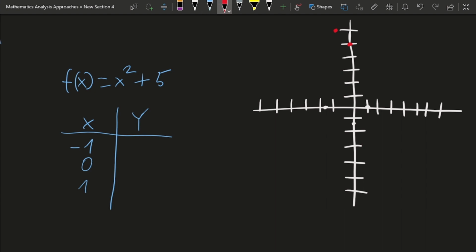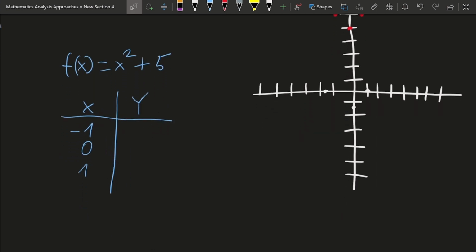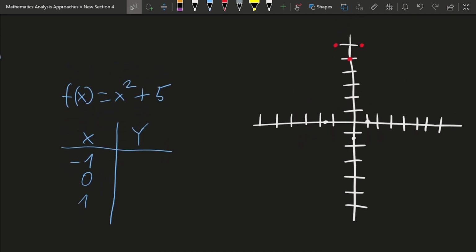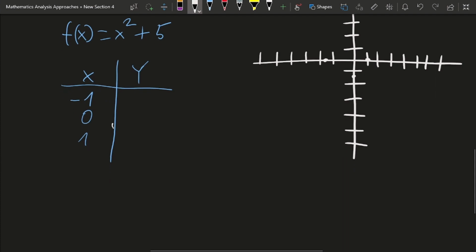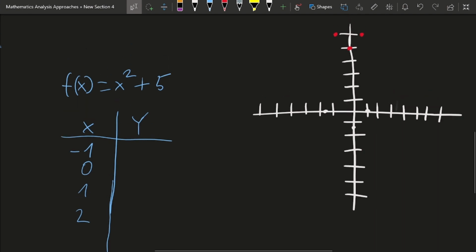So we'll go back up to 6 at 1. Let's do a couple more. Let's go to 2. 2 squared, that's 4, plus 5, that's 9.